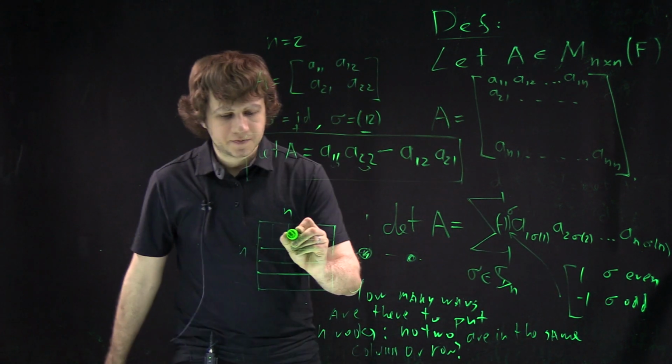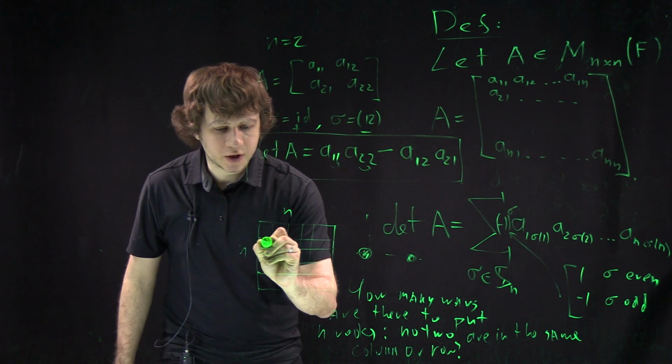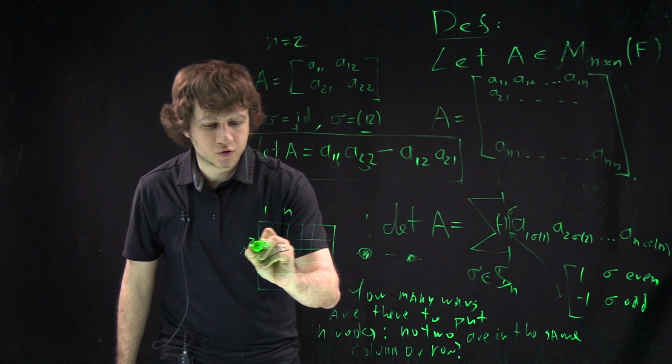So, for instance, I can put a rook in column 1 and row 2.